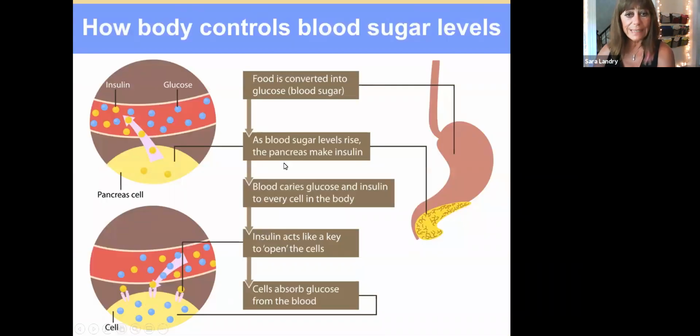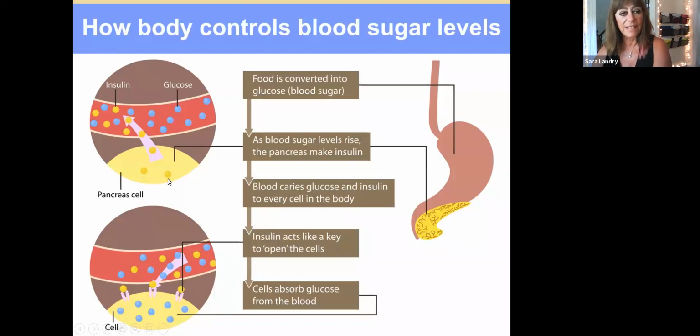Now, if you look at this slide, it shows you how your body controls blood sugar. Over on the right-hand side, there's your stomach, and you've eaten food, and your stomach's converting food to glucose. Down below the stomach is the pancreas. As the glucose goes into the bloodstream, the pancreas makes insulin.